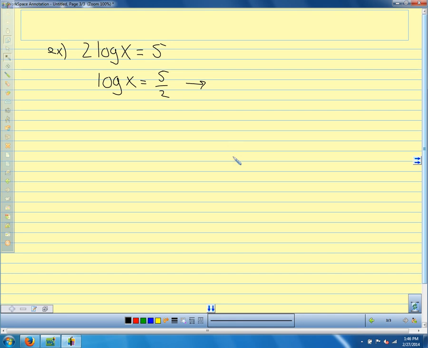Now we're going to rewrite this in exponential form. So how am I going to write this in exponential form? 10 to the 5/2 equals x. And that's my answer: x equals 10 to the 5/2. And if I plug that in my calculator, if I want an approximate answer, that's approximately 316.228.